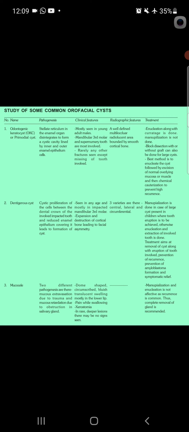Treatment is marsupialization, and enucleation is not effective as recurrence is common. Thus, complete removal of the gland is recommended. With marsupialization and enucleation, we do gland duct removal also. Gland removal also.